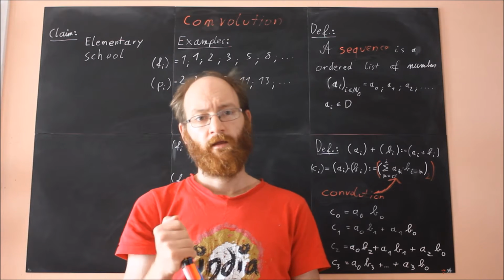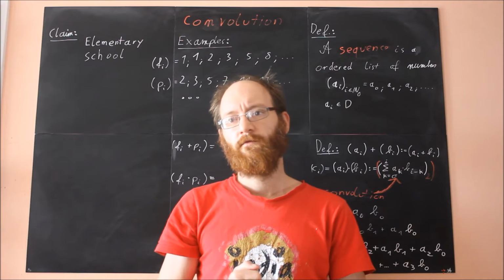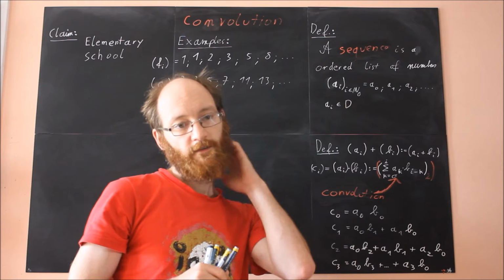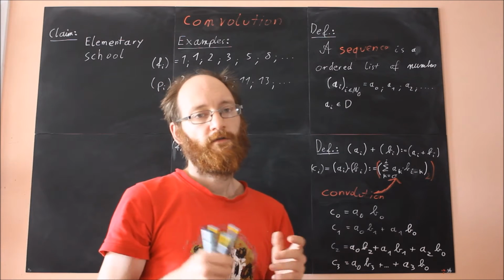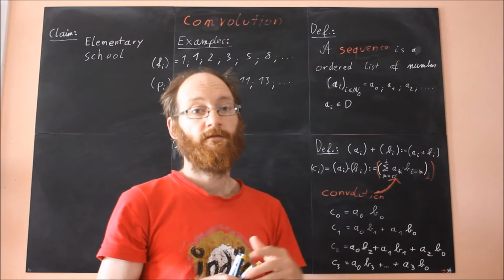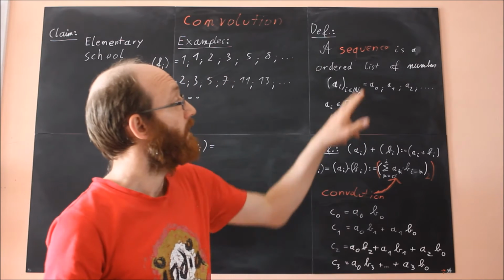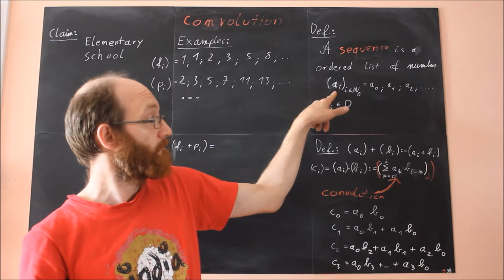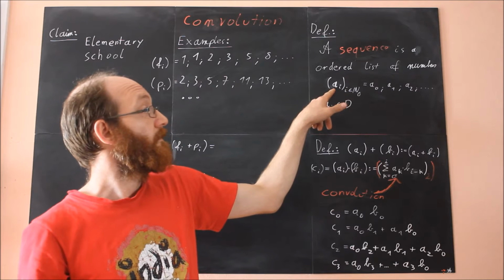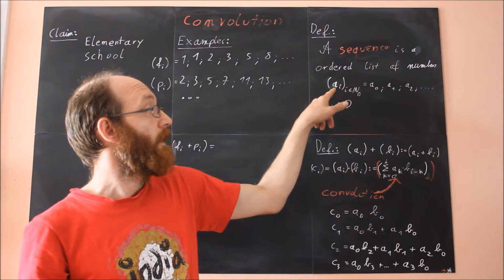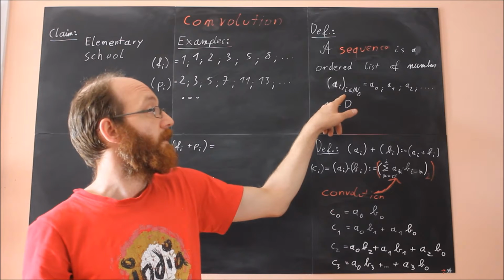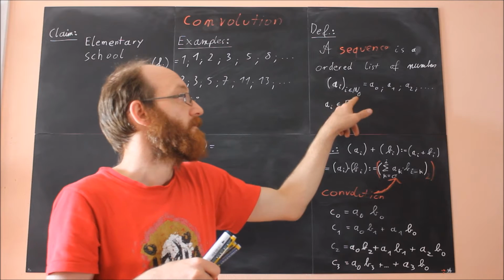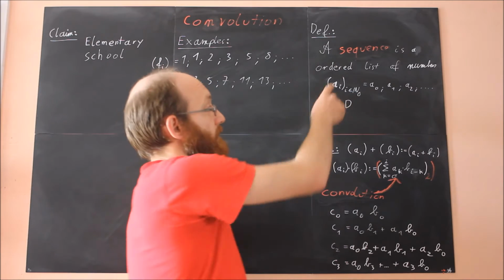Before we come to the convolution, what is a sequence? You can imagine a sequence as an ordered list of numbers, and we denote it this way: a_i, where i is from the natural numbers, including 0.